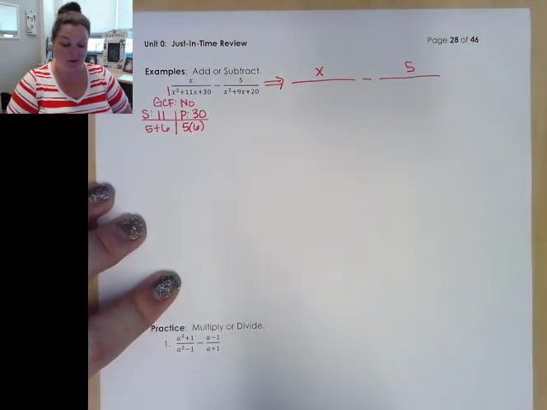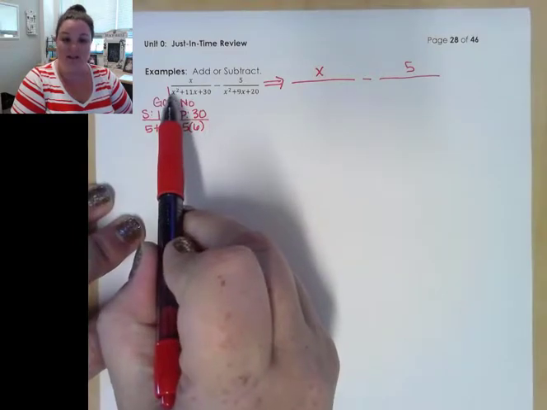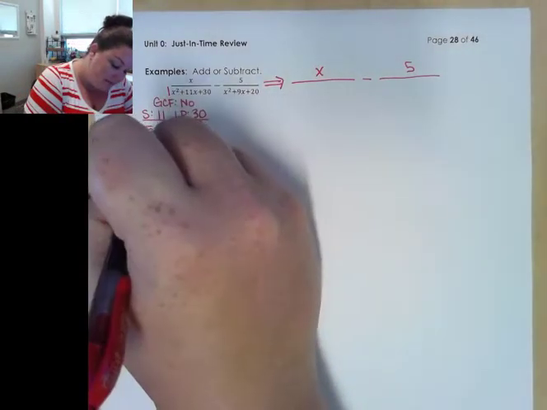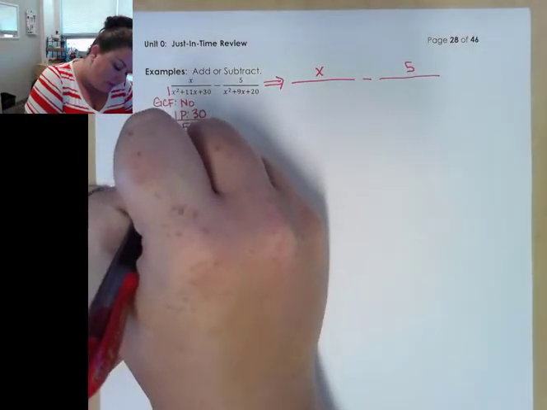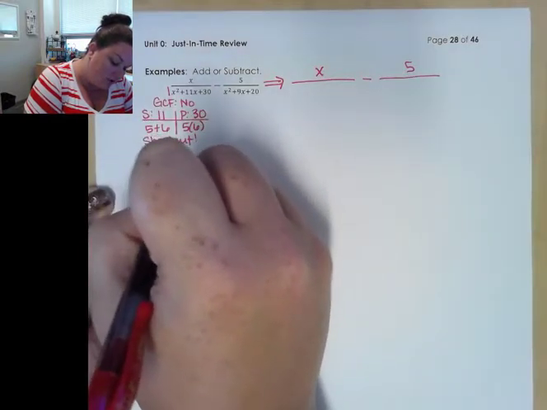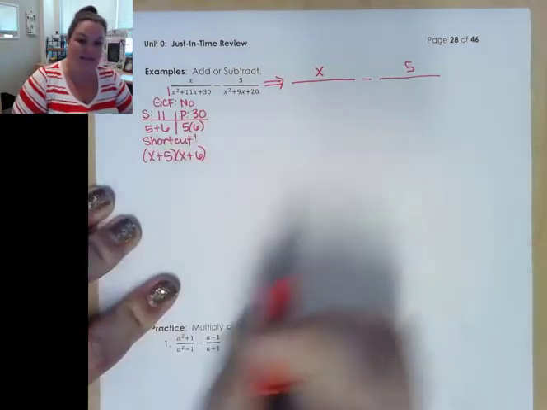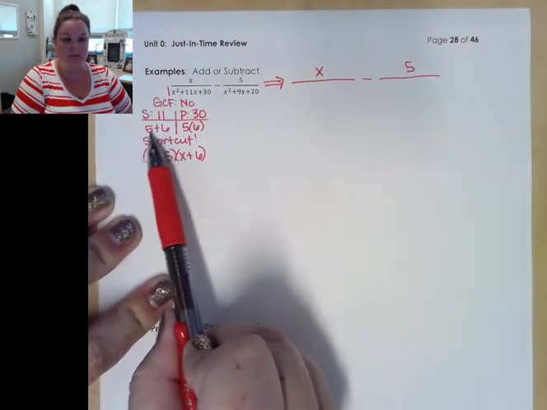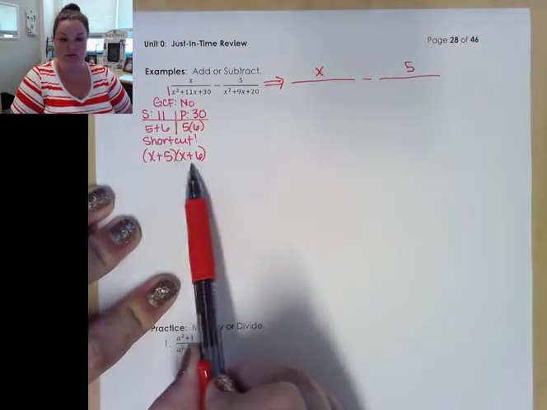And on this one, we can use the shortcut because our leading coefficient is a 1. Yay! So remember, our shortcut states that the numbers in our factored quantities are the same as the numbers we came up with in the chart, right?